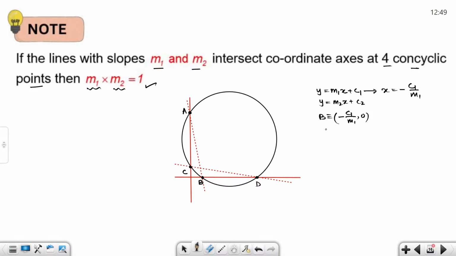And the coordinate of A will be, put x equals 0 in this equation to get y equals c1. So coordinate of A is 0 comma c1, right? Similarly, the coordinate of D will be, put y equals 0 in the second equation, we get this as the coordinate of D, and the coordinate of C will be this.